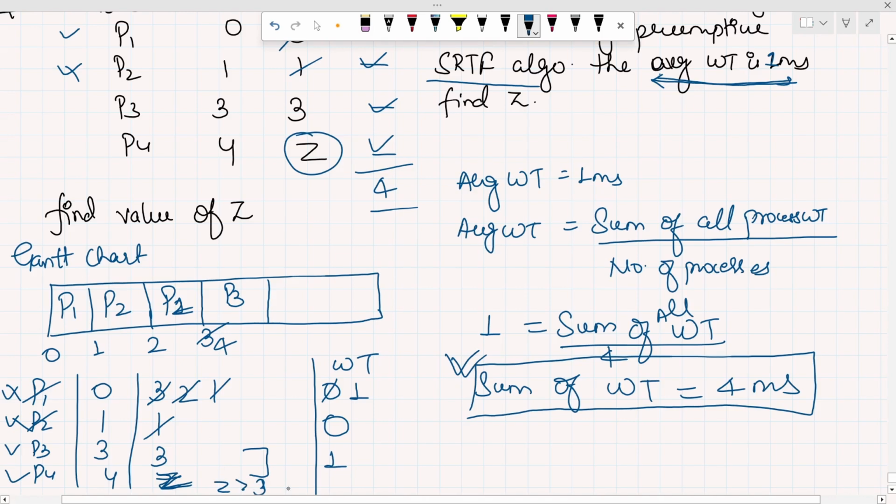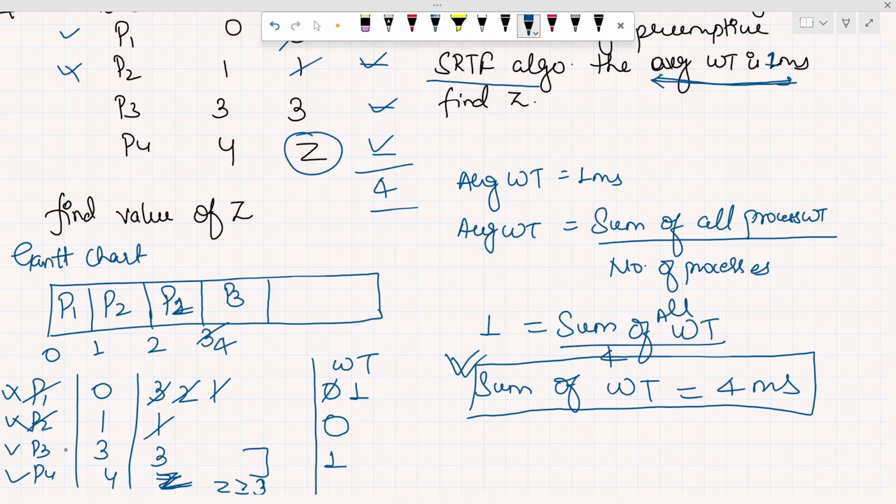Only if the value of Z is greater than 3 can we say that P3 gets the CPU. If the Z value is smaller than 3, P4 has to get the CPU. But we suppose that P3 gets the CPU, so Z should be greater than, or equal to, 3. If it is equal to 3, P3 still gets the CPU because of its earlier arrival time. So this is the situation.